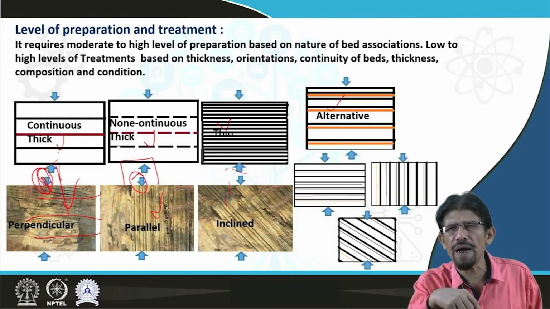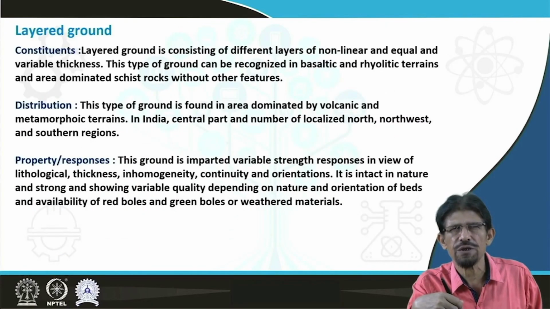Therefore, we require a variable level of preparation and treatment depending on the association in view of the thickness, in view of the continuity, in view of the orientation with respect to the applied load or applied interest.